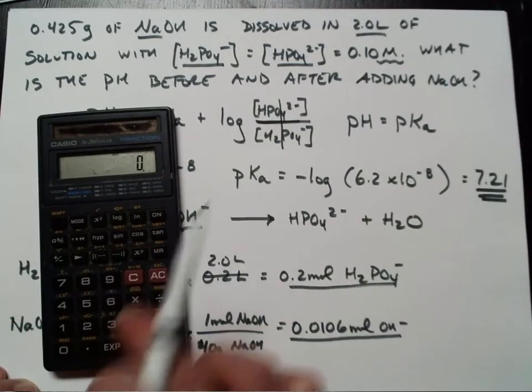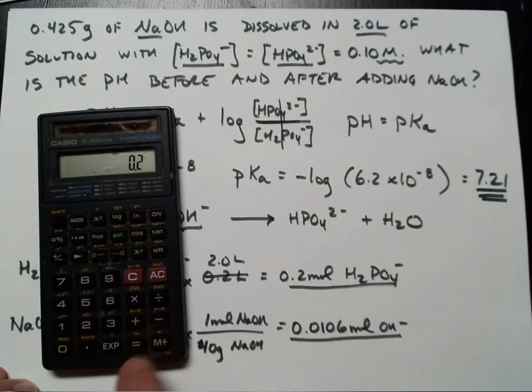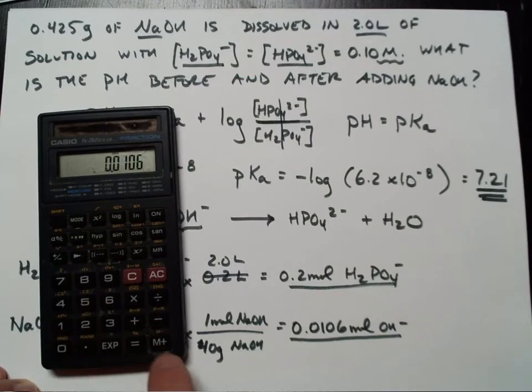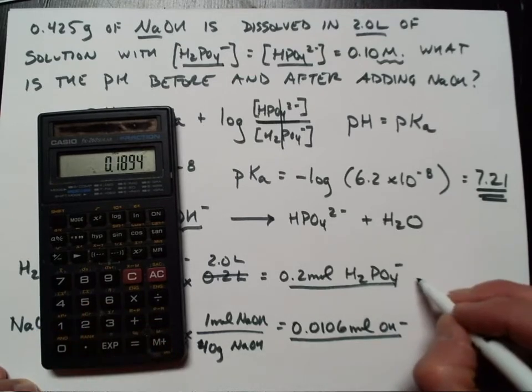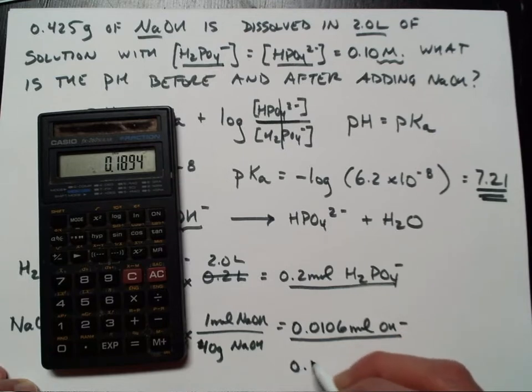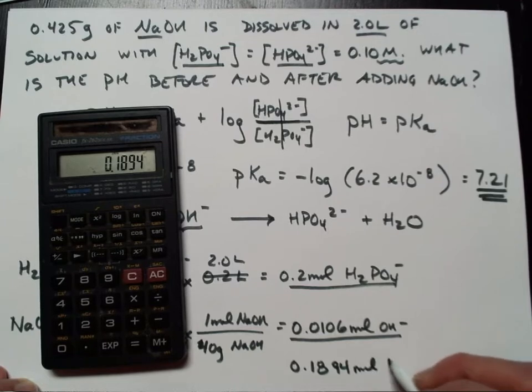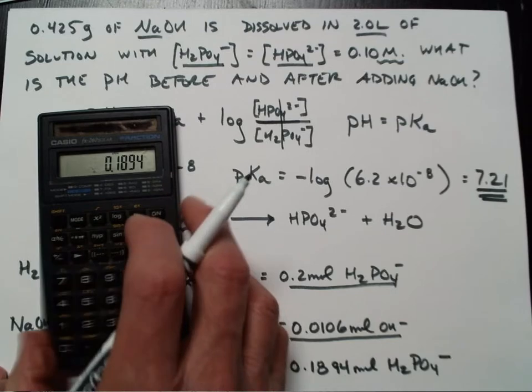So 0.2 minus 0.0106 means I will have 0.1894 moles of dihydrogen phosphate left over.